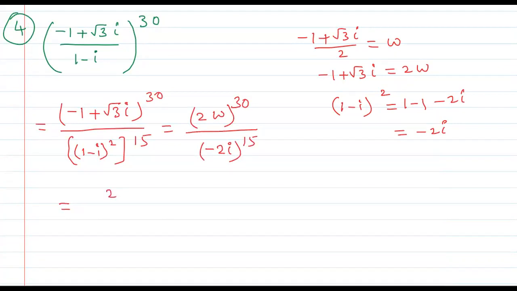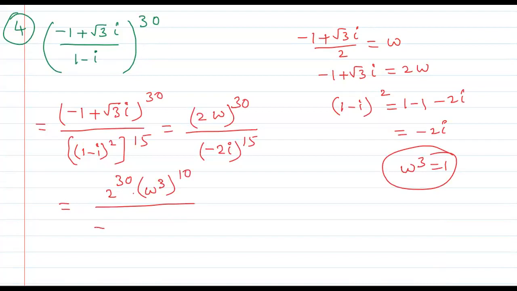So numerator 2 power 30 into omega power 30. We know that omega cube value is 1, so this is (omega cube) whole power 10, divided by minus 2 power 15 and i power 15.